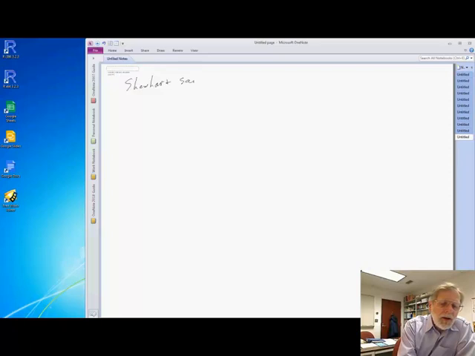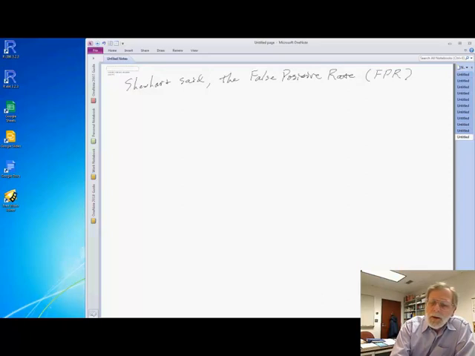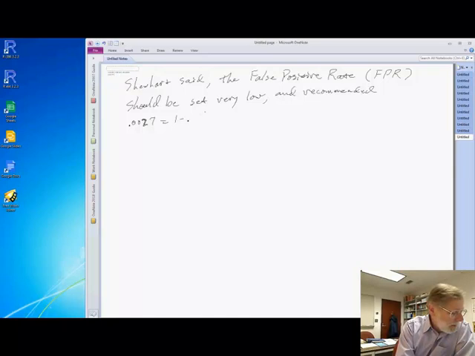Shewhart said the false positive rate, or the FPR, should be set very low, and recommended 0.0027, which is 1 minus 0.9973.